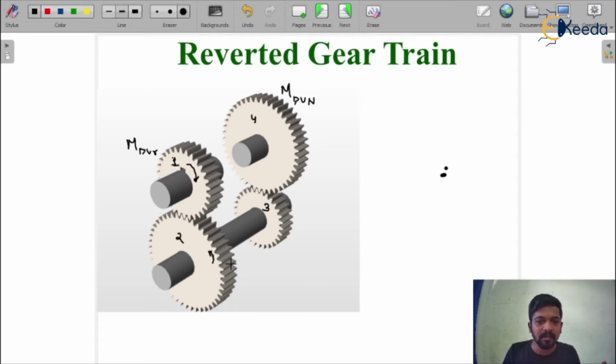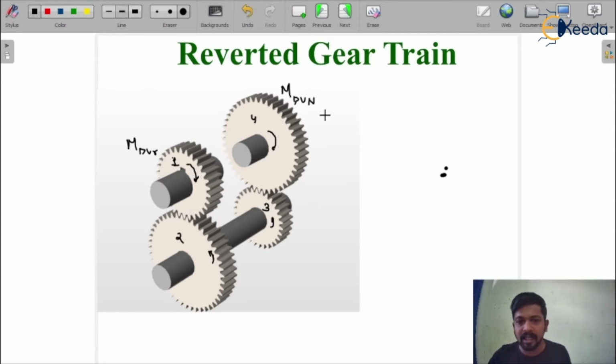So gear 3 will be anti-clockwise. If gear 3 is anti-clockwise, the fourth will be clockwise. So that is the direction.